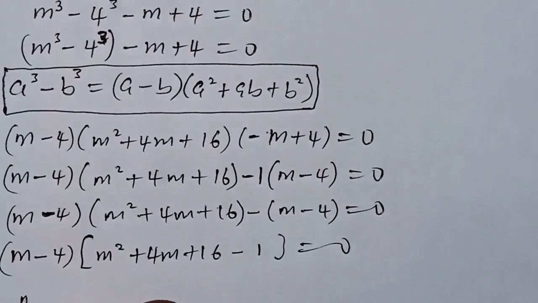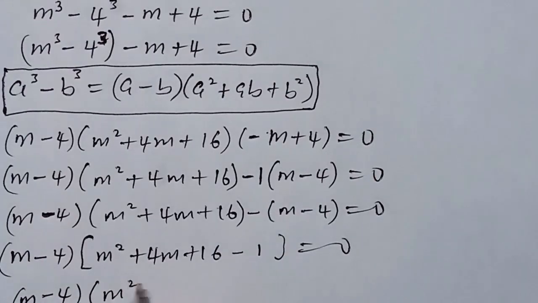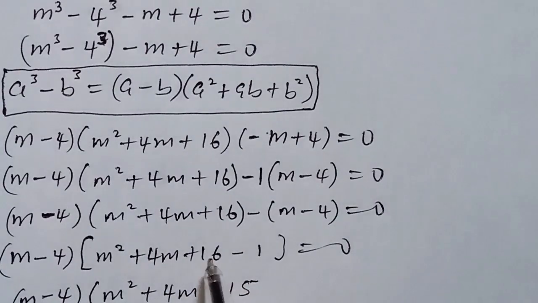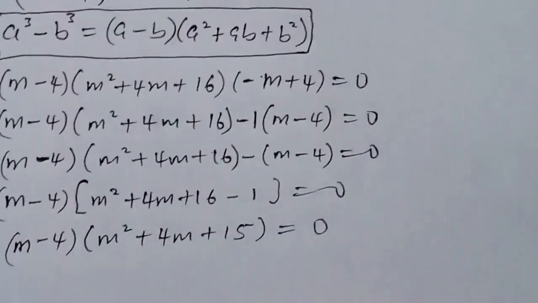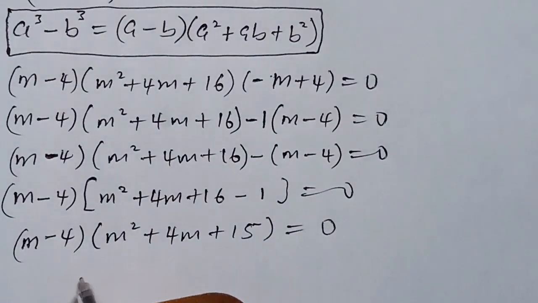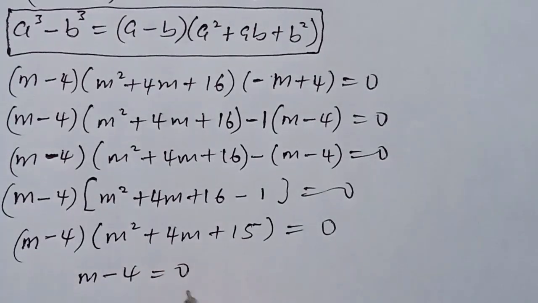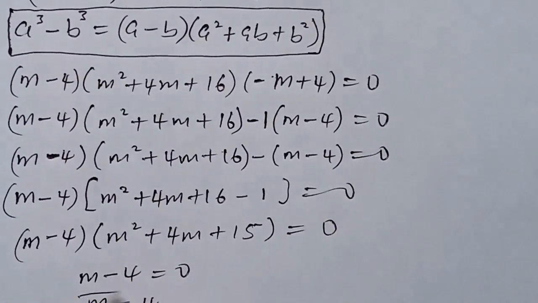So this is written as M minus 4 into brackets M squared plus 4M plus 15, since 16 minus 1 gives us 15, equal to 0. So we solve for M. M minus 4 equal to 0 for the first value of M, then M equals 4.